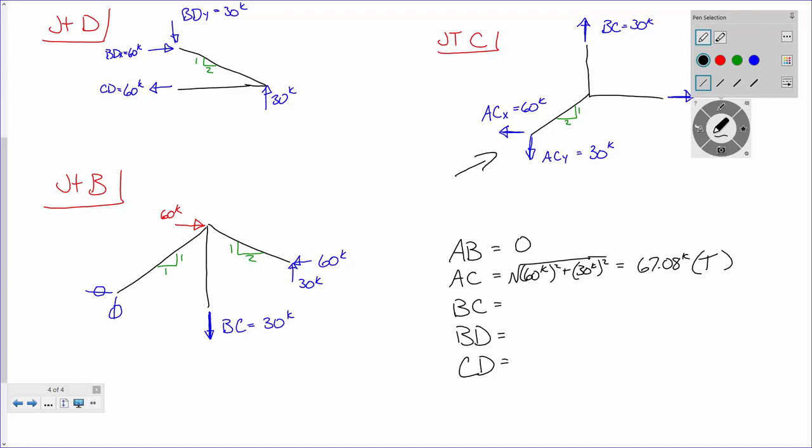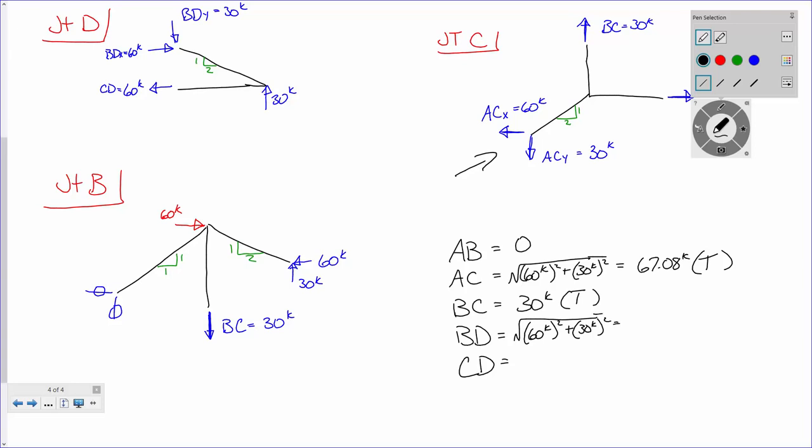All right. BC. What is that? That's just 30 kips, right? And that is in tension. There we go. BD. BD is another one of those diagonals. The number is going to come out the same, right? Because it's the same slope ratio. We've got 60 kips squared plus 30 kips squared.